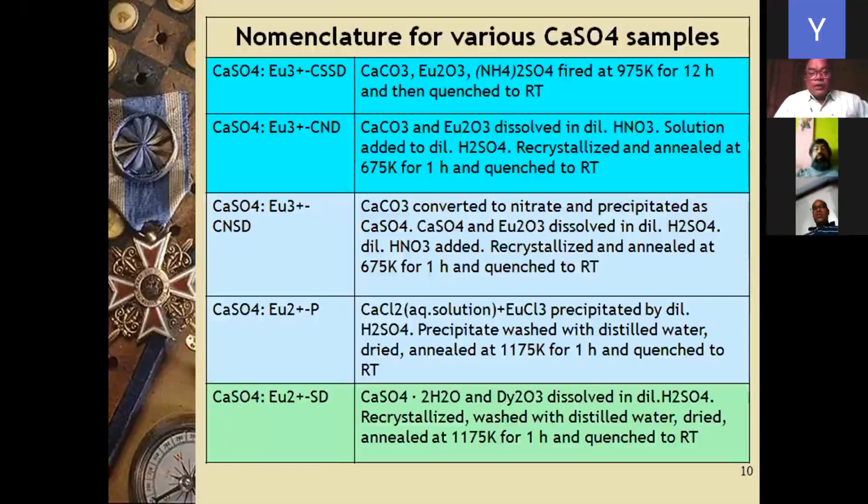So U2 plus P is chlorides, and then SD is from sulfate. Means carbonate, sulfate, nitrate, precursors, and different techniques.